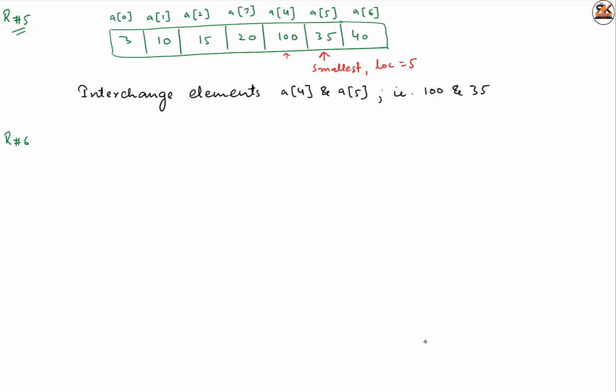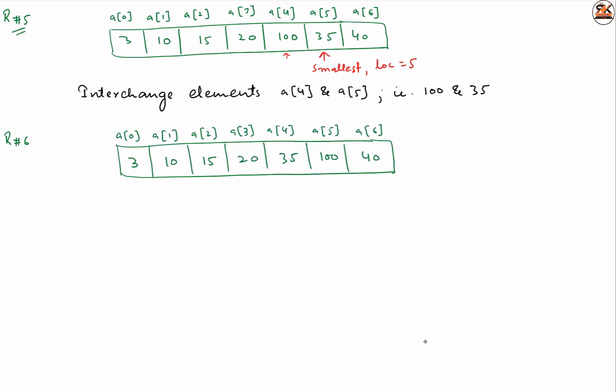Now in round 6 we have to find the smallest element out of the sub array, and that sub array is from a5 to a6, and here the smallest element is 40. I have to mark this element as smallest, and the location of this element is 6.